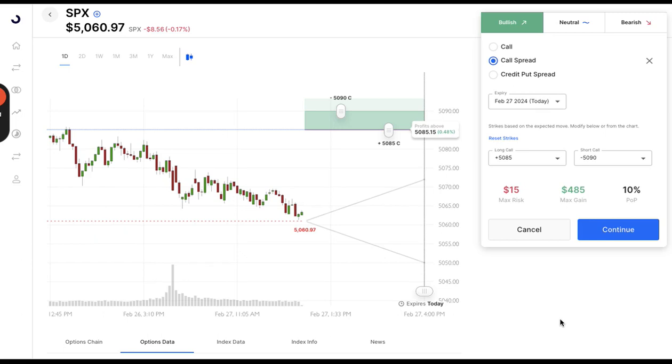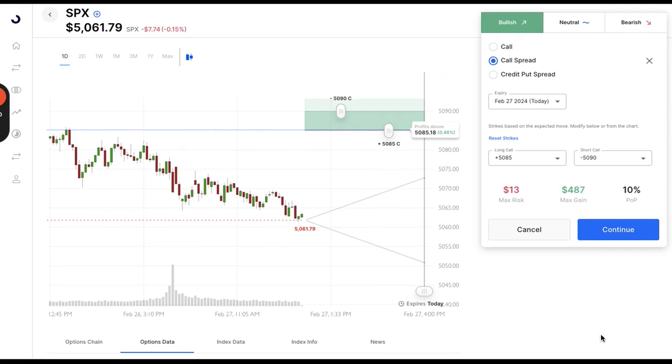And therefore, the math would be simply whatever we paid for this debit call spread to take off the risk to the upside, we would subtract that from our overall original credit received. So in this case, our Iron Condor would have collected $1 or $100, and we would have paid $20 to take off the risk to the upside. So our net profit on the day would be $80. But this has the opportunity to make a lot more than that while closing out that risk to the upside.